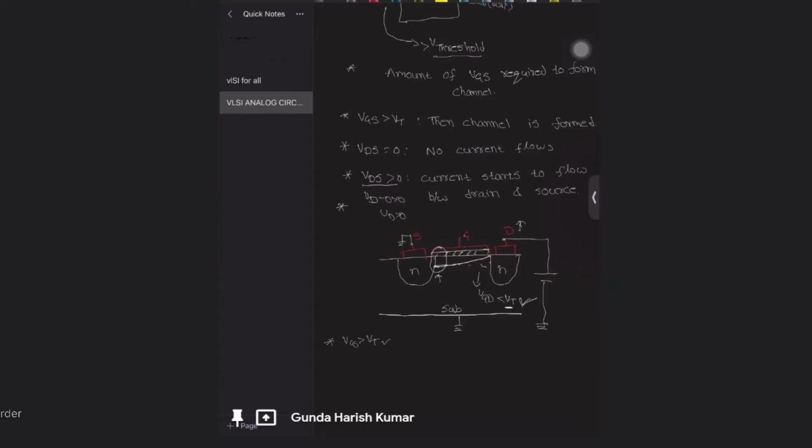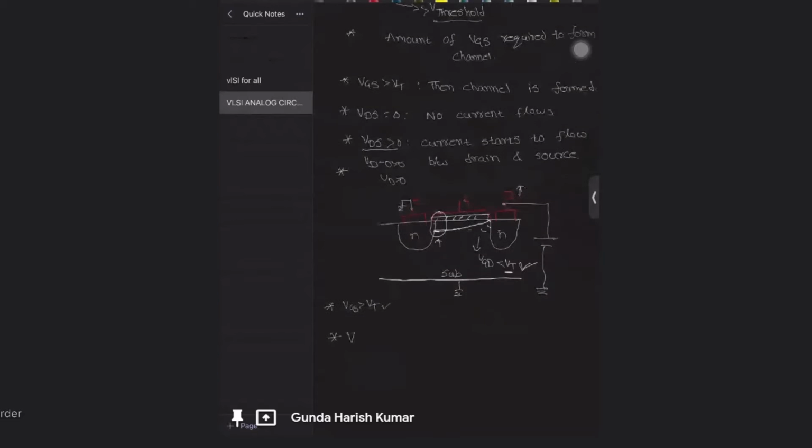There won't be any formation of channel there because there is no threshold voltage between the gate and substrate. So the channel will be pinched off. This is called the transistor having reached a saturation point. So if VGD is less than VT, then the transistor has saturated.